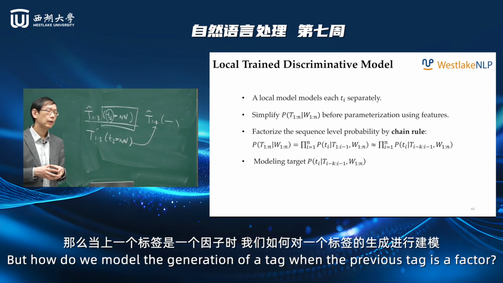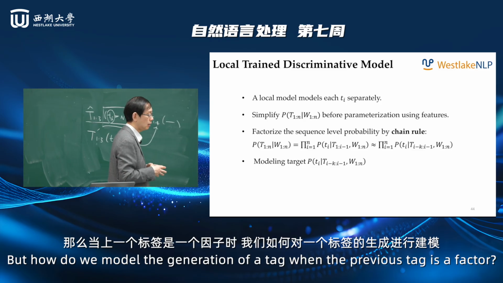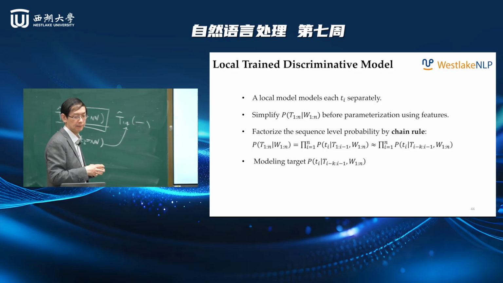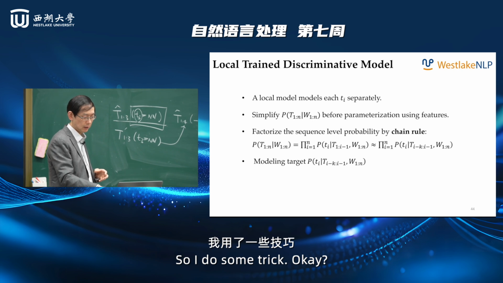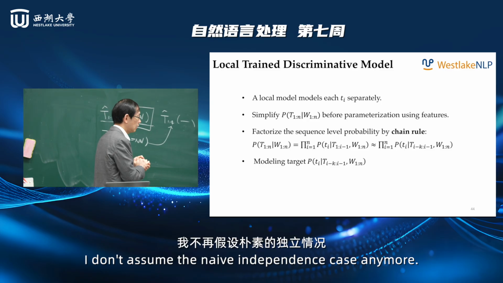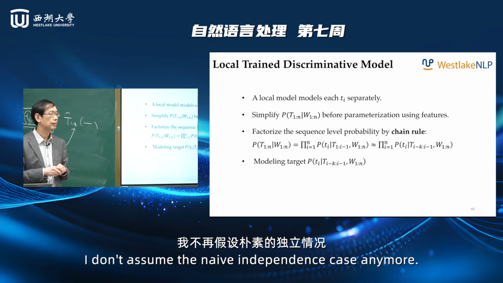But how do we model the generation of a tag when the previous tag is a factor? I do some trick. I don't assume the naive independence case anymore.